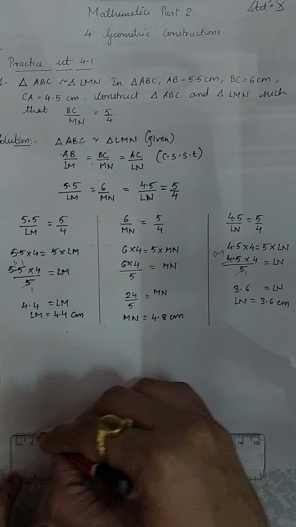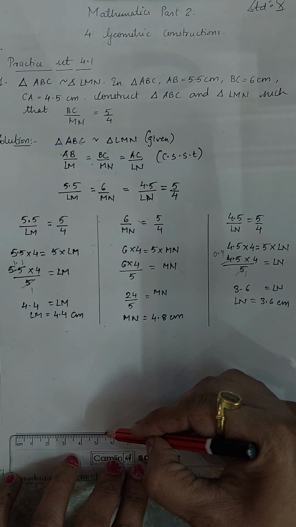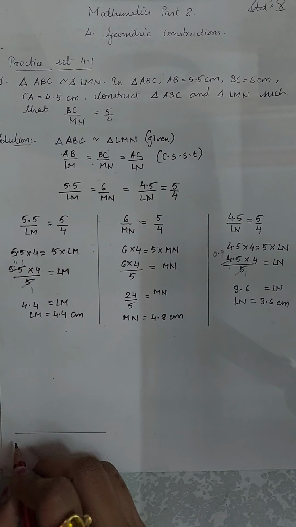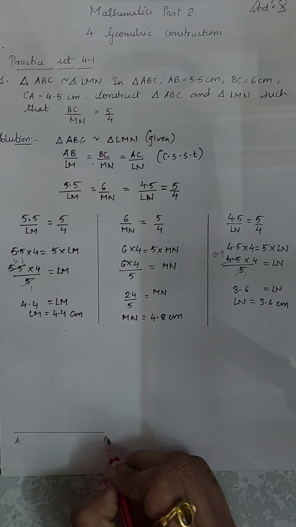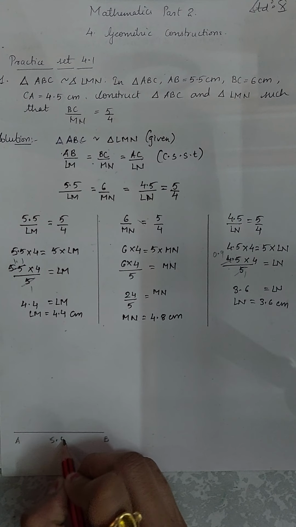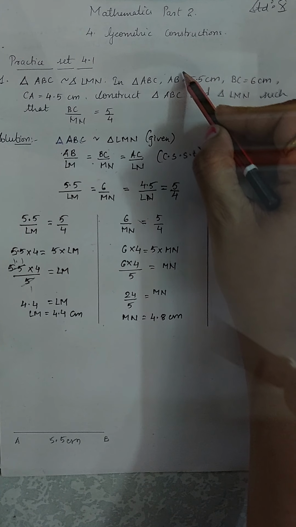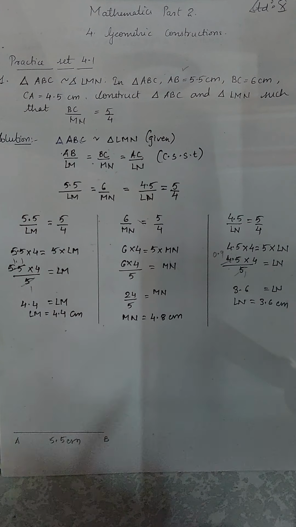From 0, I am going to draw 5.5. Immediately you will name it as A, B, 5.5 centimeter. So AB has been used. Now we'll go to BC. BC is 6 centimeter.